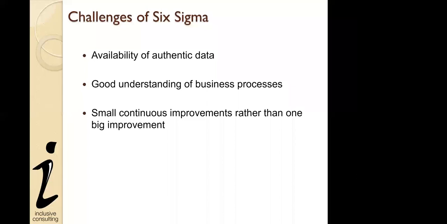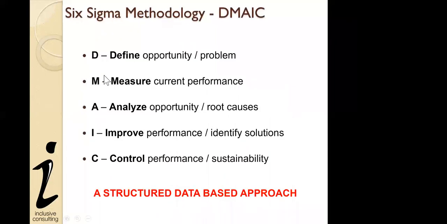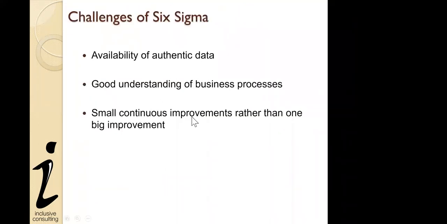So that is also why it is so important that you measure your current performance level and then you define your goal accordingly, and you have that awareness that if you are already at 90% plus, then it means that you will have smaller continuous improvements rather than one big improvement.